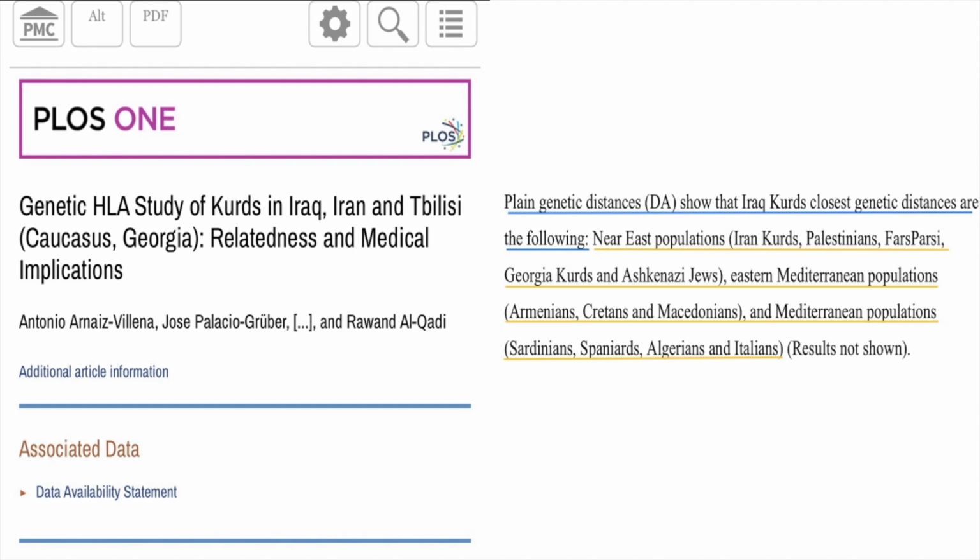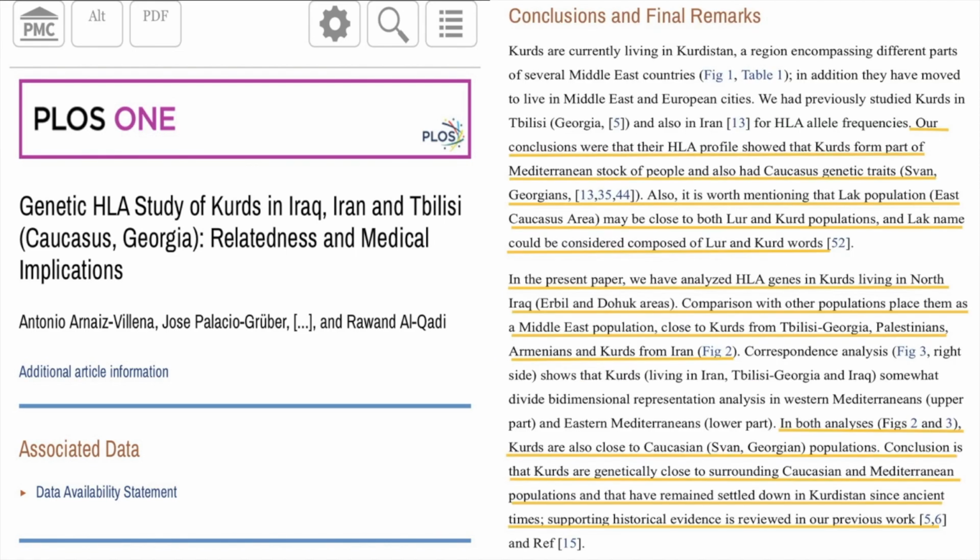Eastern Mediterranean populations, Armenians, Cretans, and Macedonians, and Mediterranean populations, Sardinians, Spaniards, Algerians, and Italians. Our conclusions were that their HLA profiles show that Kurds form part of a Mediterranean stock of people and also had Caucasus genetic traits, Slavic Georgians.